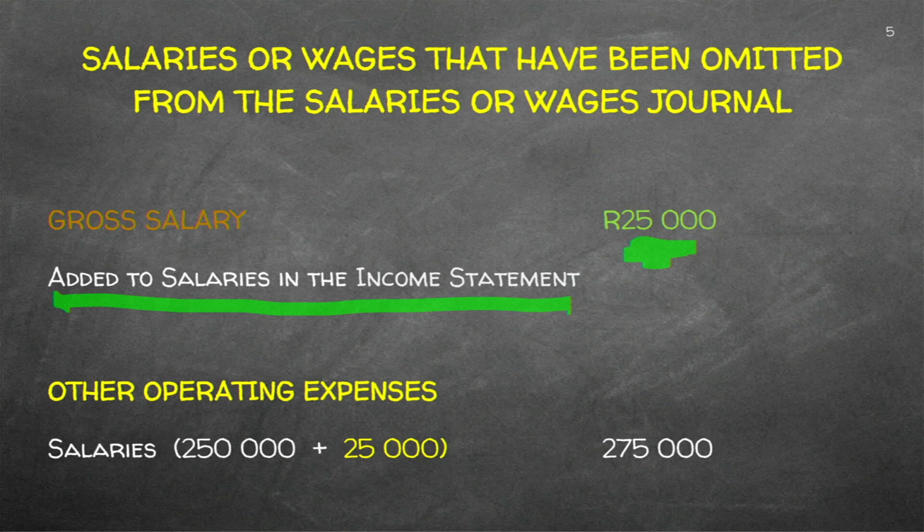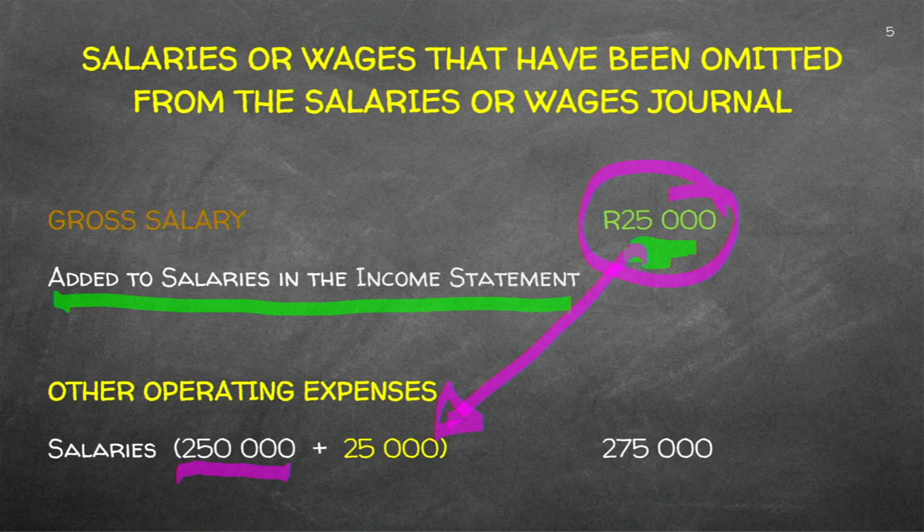Under other operating expenses in my income statement, I'm going to have salaries. 250,000 Rand is the amount that was given in the pre-adjustment trial balance, plus this 25,000 Rand, which I was given as an adjustment, needs to be added to my salary expense.